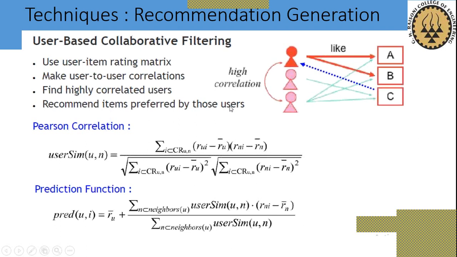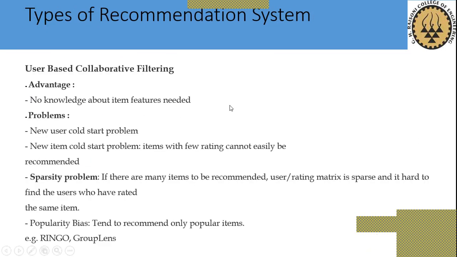Now the next: what are the advantages of user-based collaborative filtering? The advantage is that no knowledge about the item features is needed. If you don't have any information about the items, it is allowed in user-based collaborative filtering, because it is totally based on the users, not the items.